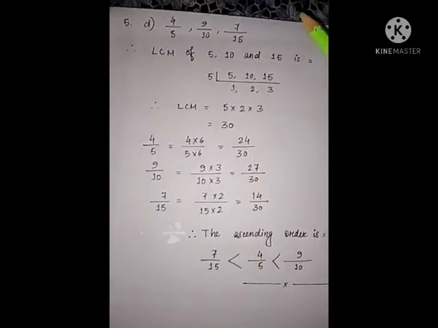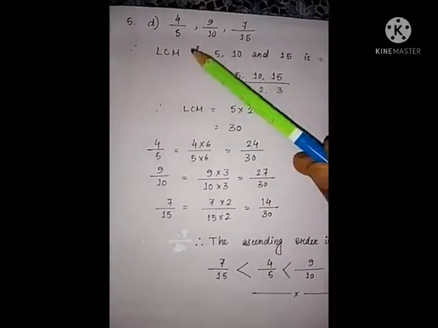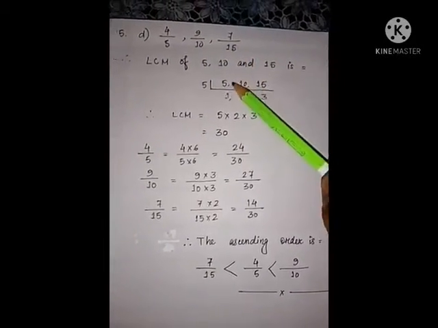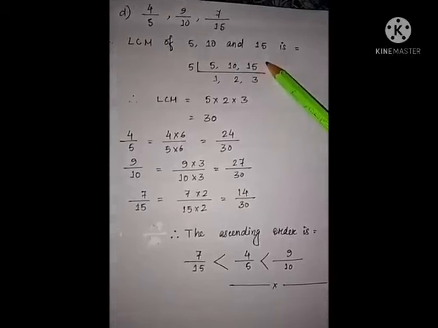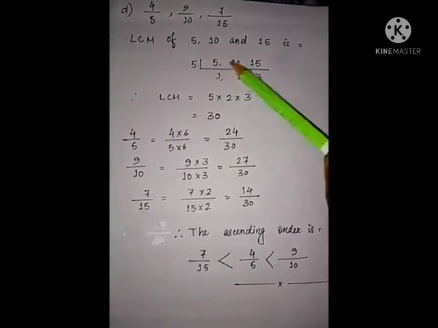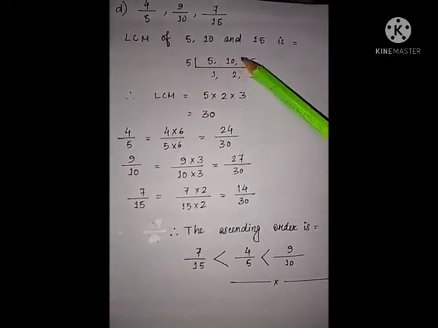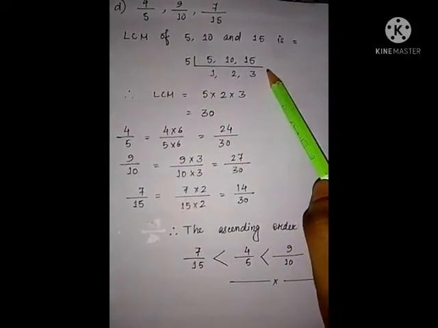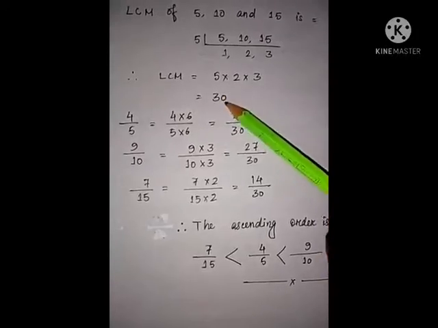so see this example. The LCM of these 3 denominators is, I have used the division method to find the LCM. So 5 1s are 5, 5 2s are 10, 5 3s are 15. After multiplying all this, I have got the LCM.